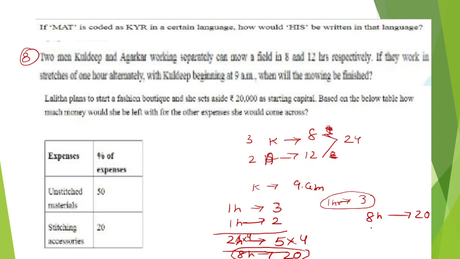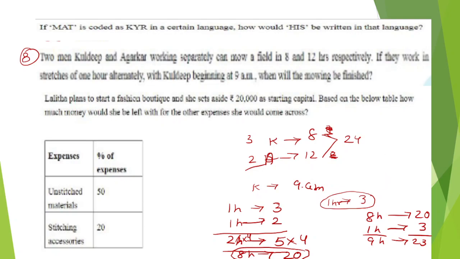Now again who will come? Yes, Kuldeep in the next hour, and he will complete 3 work. So 23 work will be completed in 9 hours. Now who will come? Yes, Agarkar, but Agarkar completes 2 work and we need only 1 work. So we will take half of Agarkar's efficiency. Agarkar's efficiency is 2, as you can see.